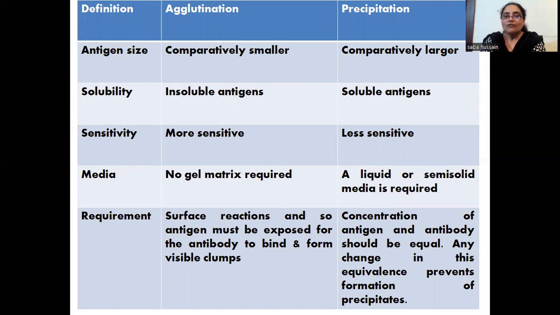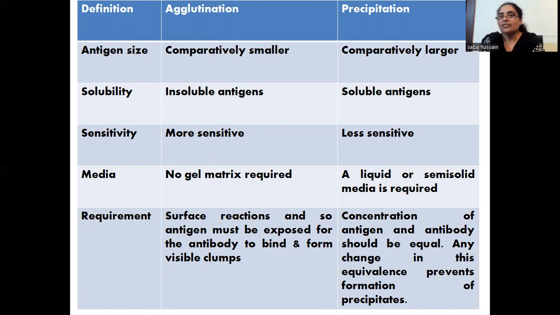As a basic requirement, agglutination reactions are surface reactions, so the antigen must be exposed. That is why particulate antigen is required: the antigen must be exposed for the antibody to bind and form visible clumps. What is agglutination? It is just clumping, visible clumps.